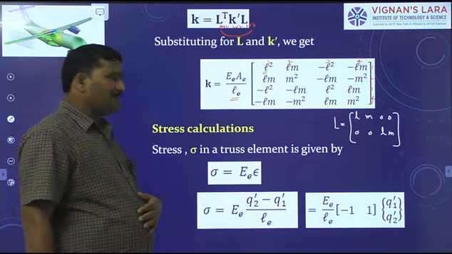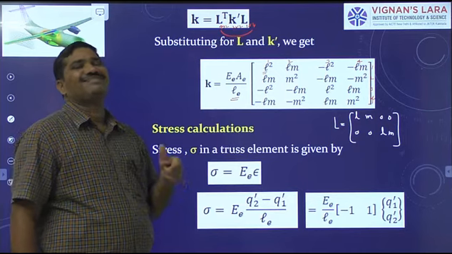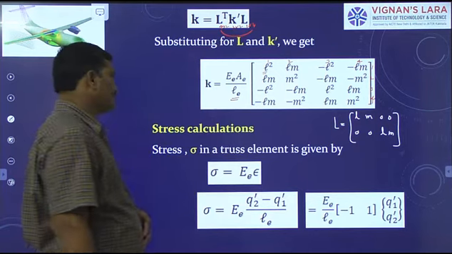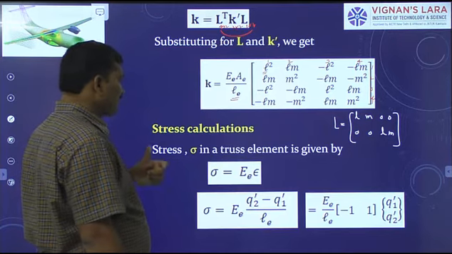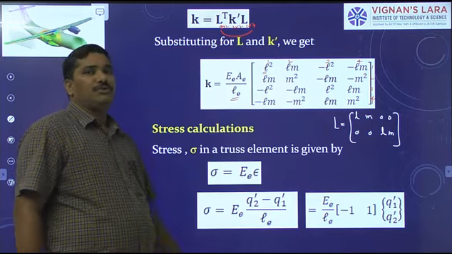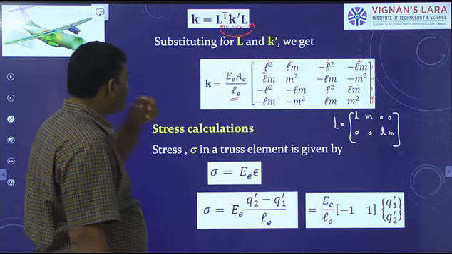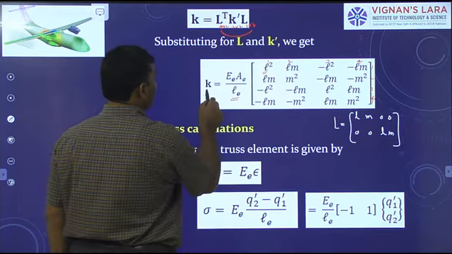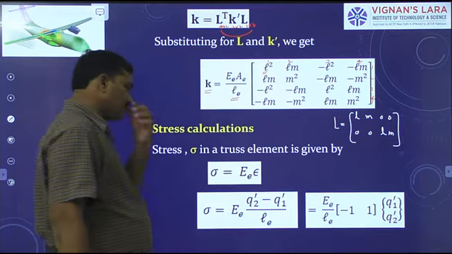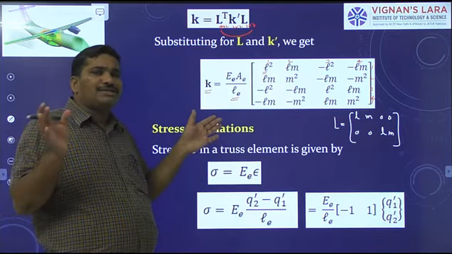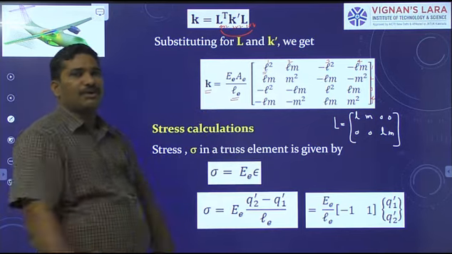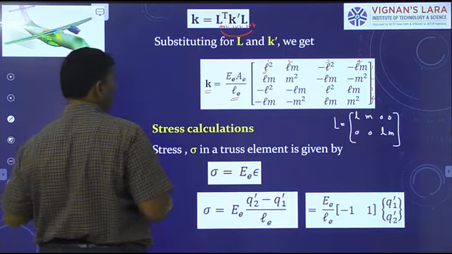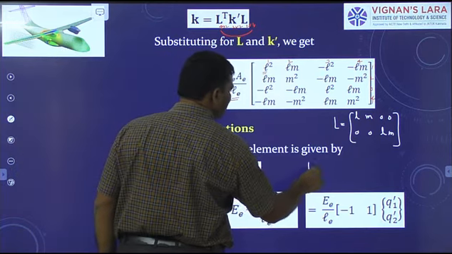Next, once you determine the element stiffness matrix, small k, you can also determine the stress in each truss element. Once you determine the element stiffness matrix for each truss element, all element stiffness matrices you have to assemble for the global stiffness matrix.